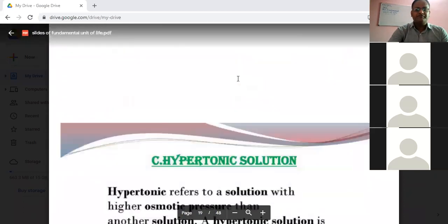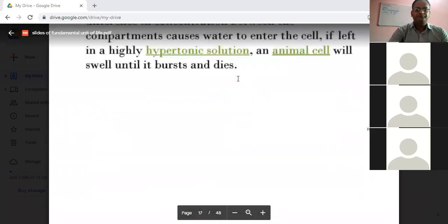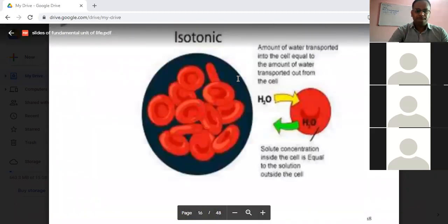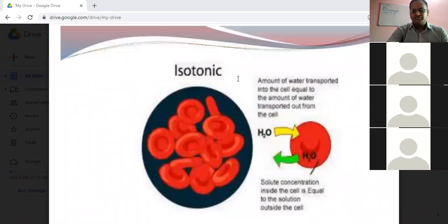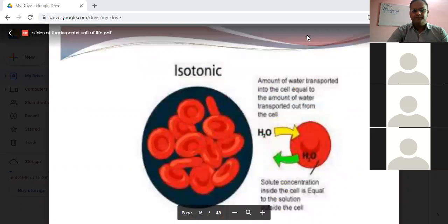Now, at last, one more solution is left, that is isotonic. Jyoti raised her hand. Jyoti, what can you see in the isotonic? Yes, Jyoti, unmute yourself. What can you see in this image? So in this figure, the medium has the same water concentration as the cell.